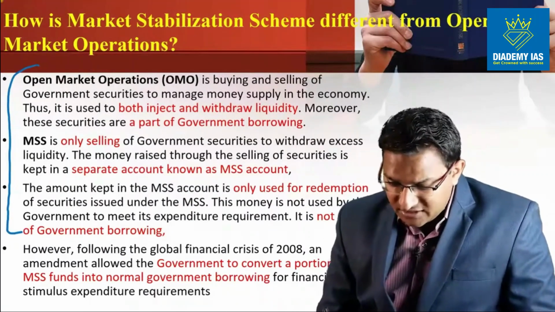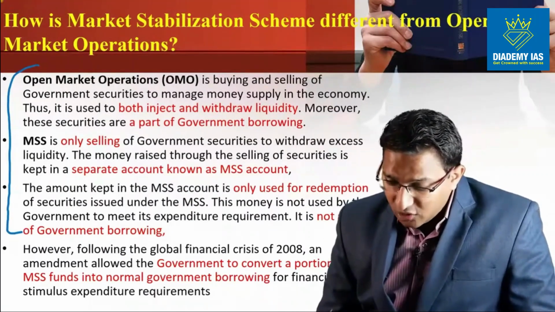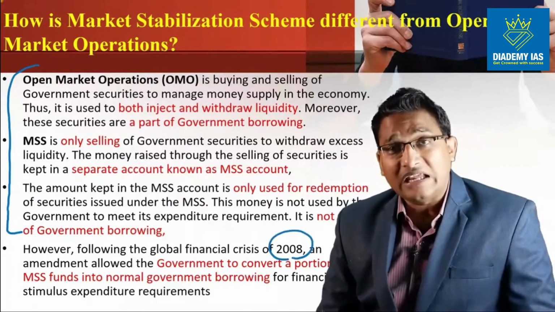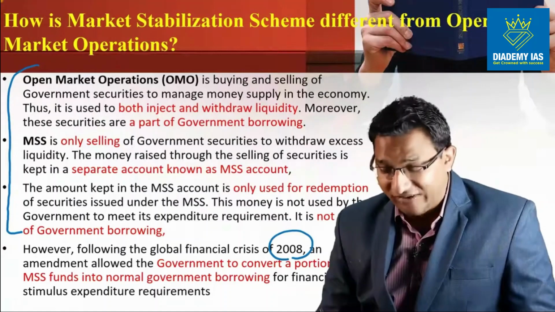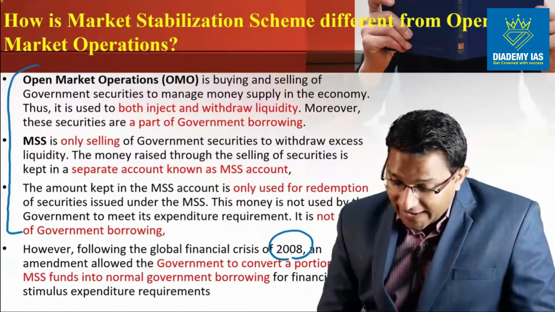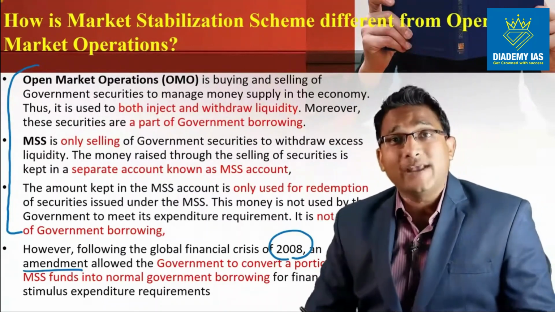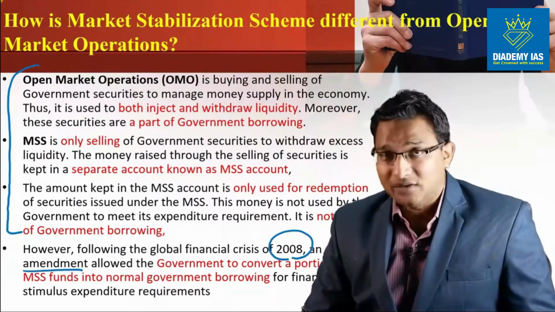The last paragraph says, however, following the global financial crisis of 2008, so in 2008, India faced the impact of the global financial crisis. So at that time, the government required a lot of money for expenditure to revive the economy, right?